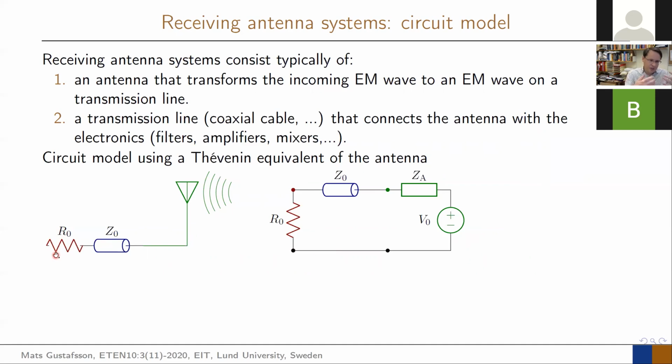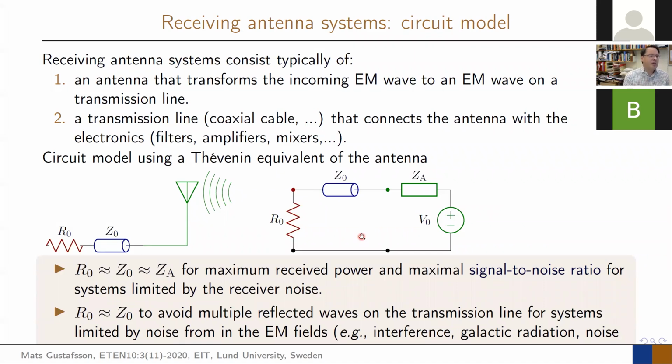So think again, Thevenin equivalent, but you turn off the voltage. If you put up a model for this, you can have a Thevenin equivalent on this side instead. You have the inner impedance of your Thevenin equivalent, which is the input impedance of the antenna. You have some voltage, which models the signal that comes in, and this is connected to a coaxial cable again.